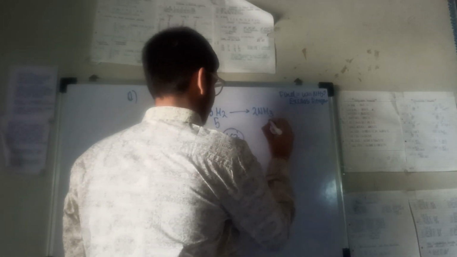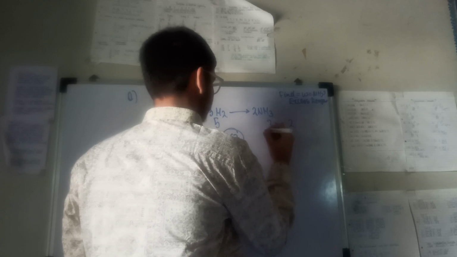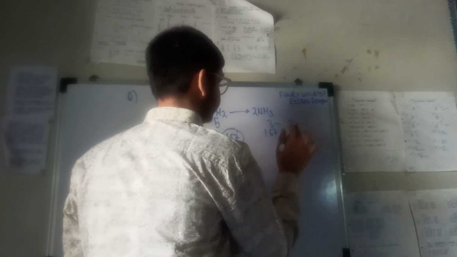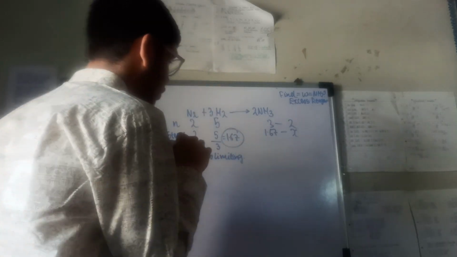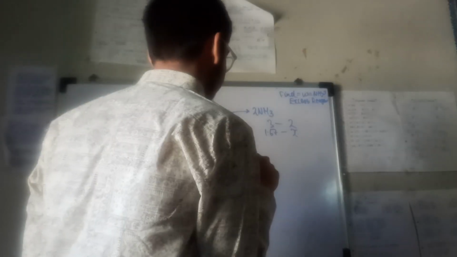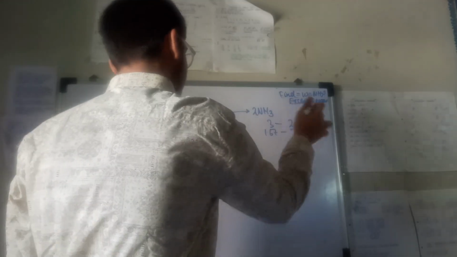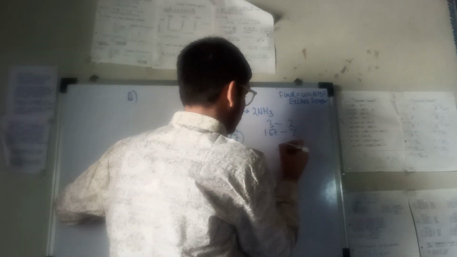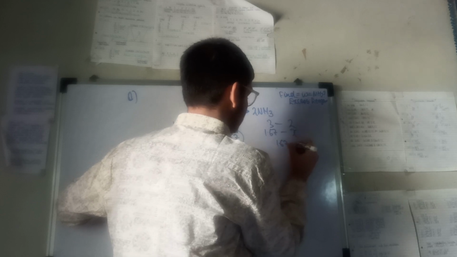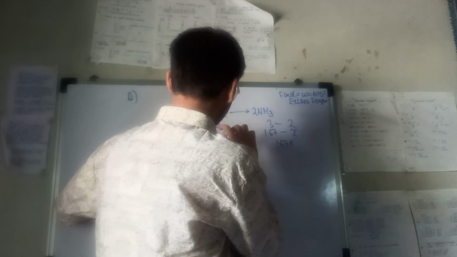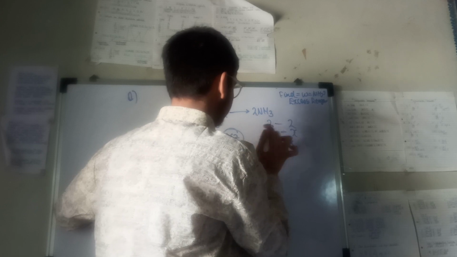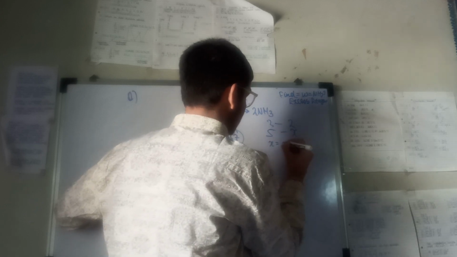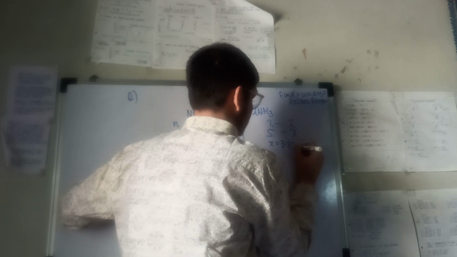So 3 gives 2, 1.67 gives X. 3 is giving 2, 1.67 gives. So it is coming X is equal to 3.33 moles.